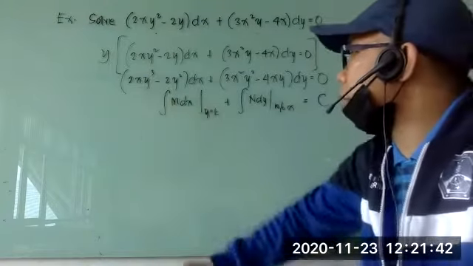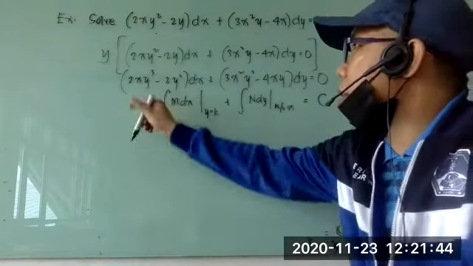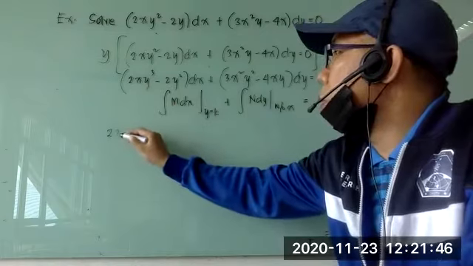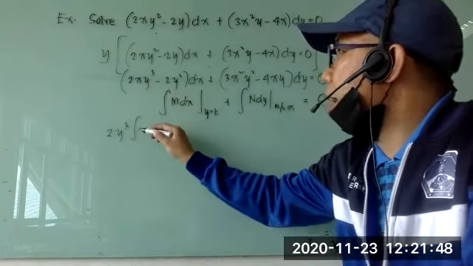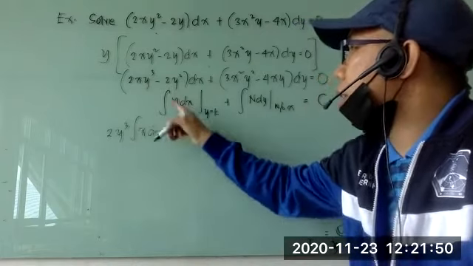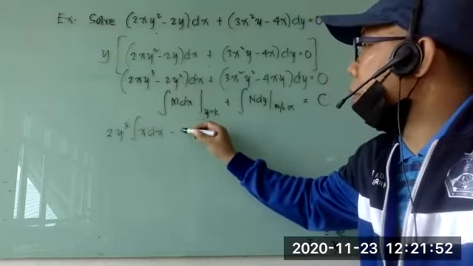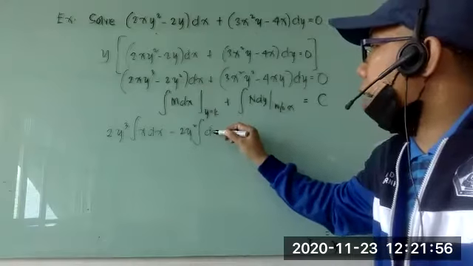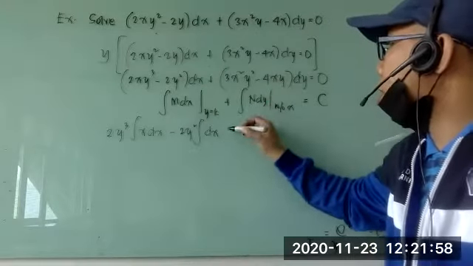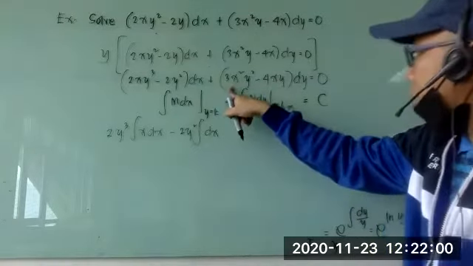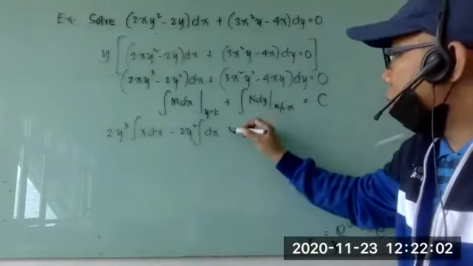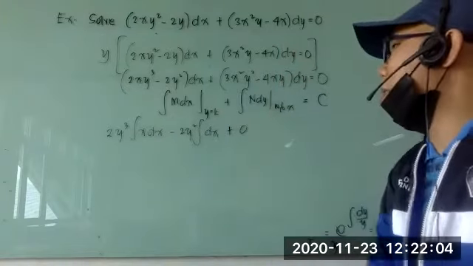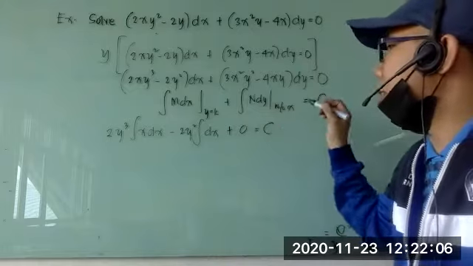So for our first term, y is held constant, so you copy 2y cubed, integrate x dx. Second term, you copy 2y squared held constant, integrate dx. And for this one, you have a variable x present, so you do not include that one. So plus 0 equal to c.